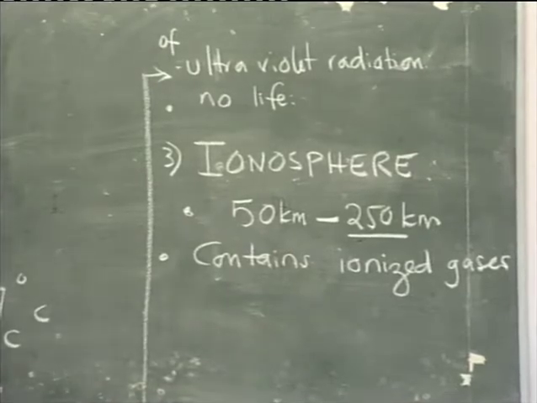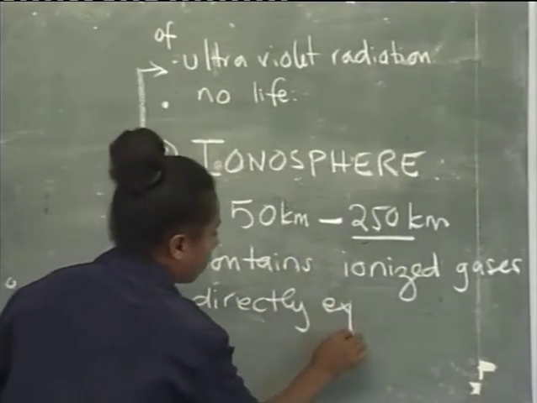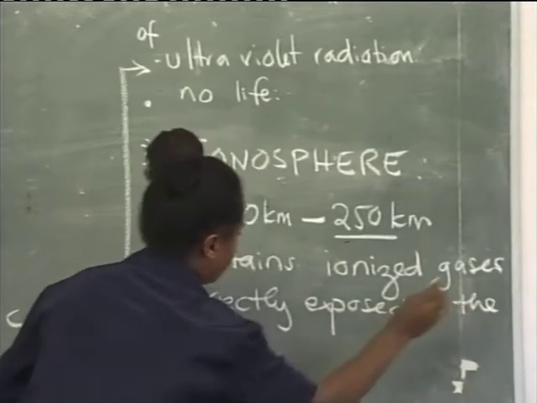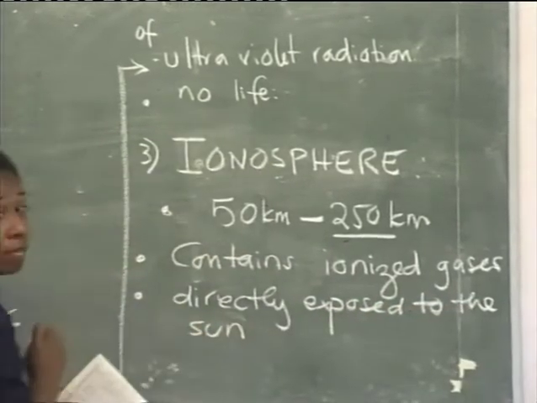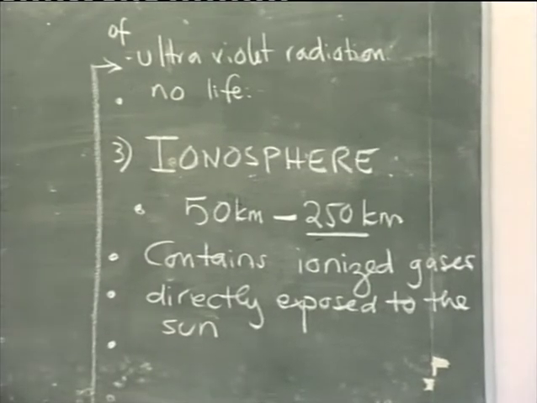Christopher? Directly exposed to the sun. Okay, the layer which is directly exposed to the sun. Okay, very good. Any other characteristics, Frank? Absorption of solar radiation.